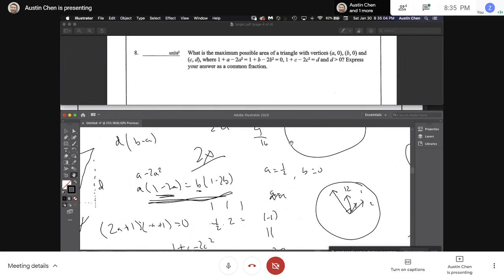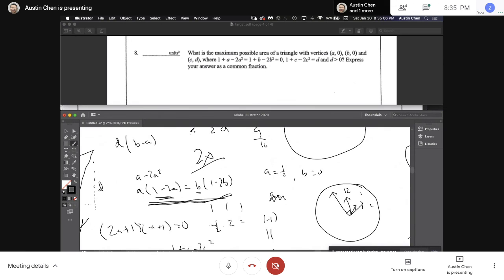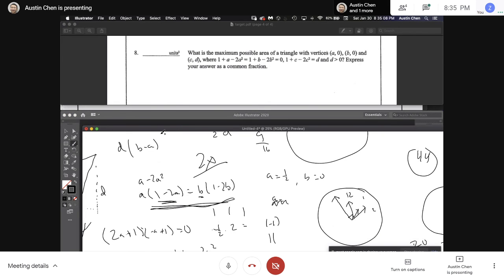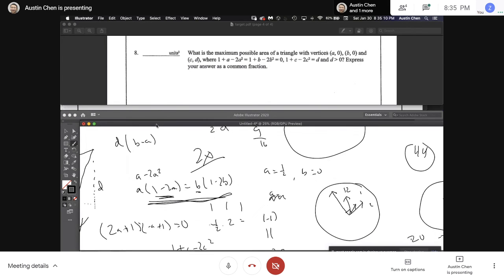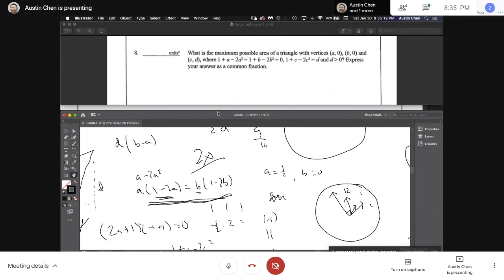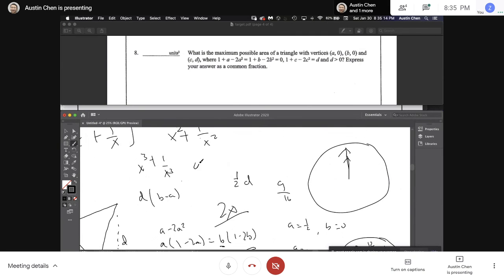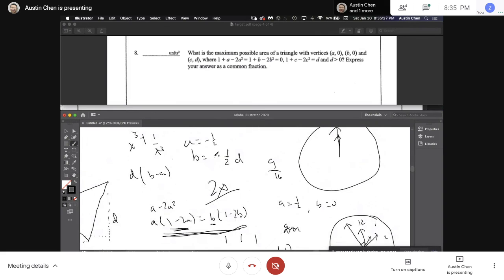So that works. Yay. Okay, a equals -1/2 and b equals 1.